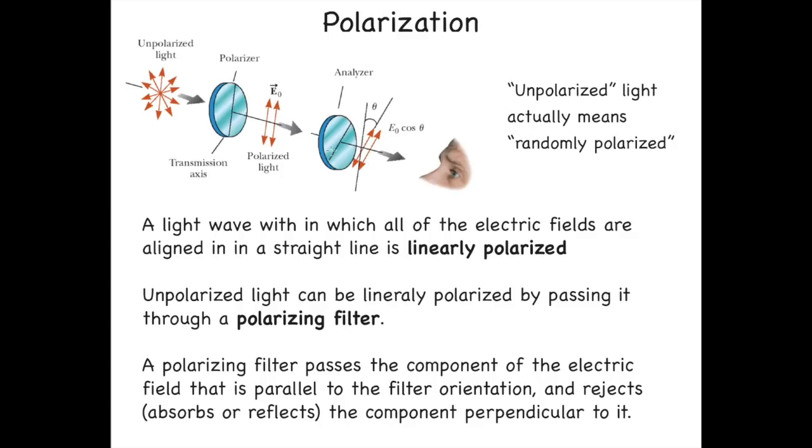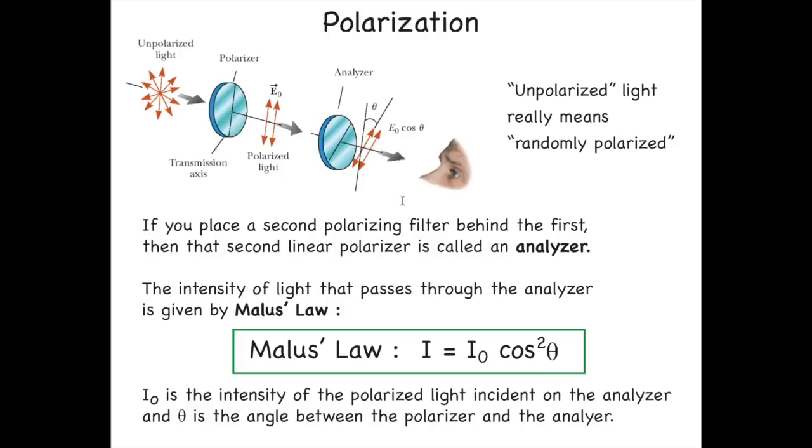Okay, so we take a second polarizer, which we call our analyzer, and we're going to rotate this polarizer so that its transmission axis is at an angle to the polarization of the light that we have right here. We can find out how much light will make it through using what's called Malus's law. That says if you take the amount of light before the filter, we're looking at the analyzer here, filter 2, and we look at the relative angle.